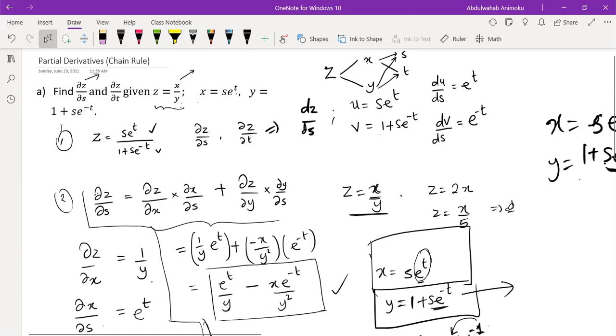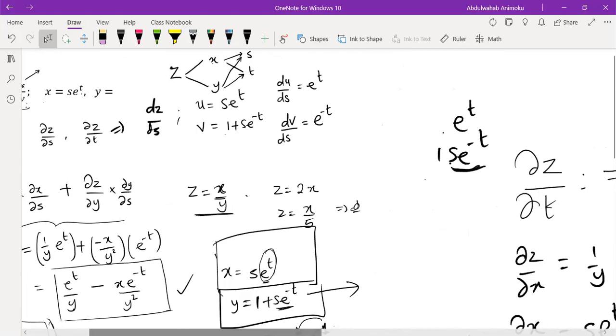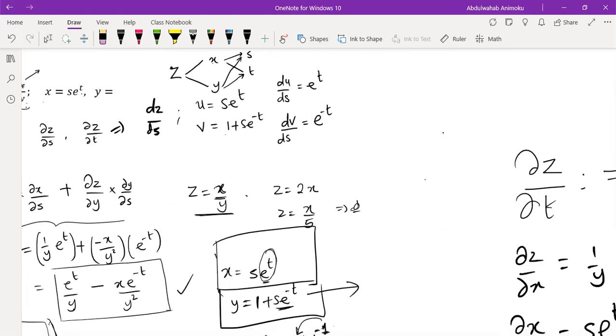Let me quickly delete this left hand side so that we can use this space for our work. Now, what do we use? We use quotient rule, which says that del z del s would be v du minus u dv all over v squared. Now this is du ds, this is dv ds, right?